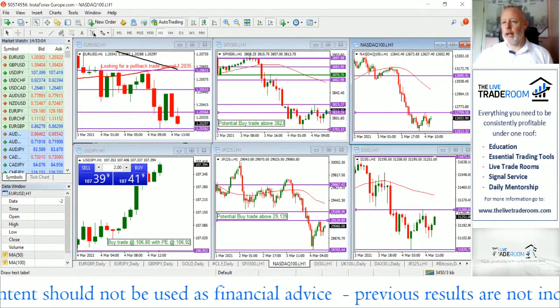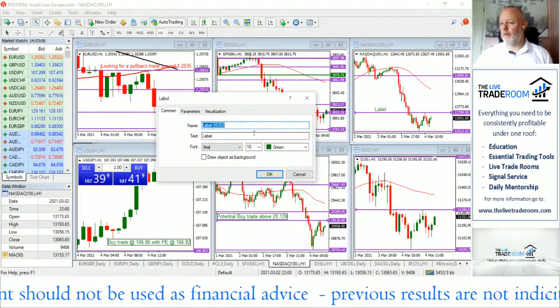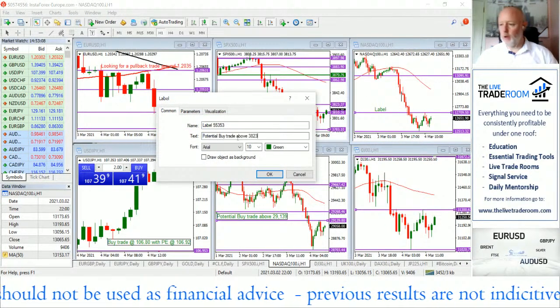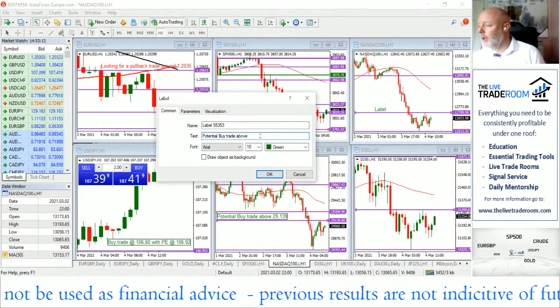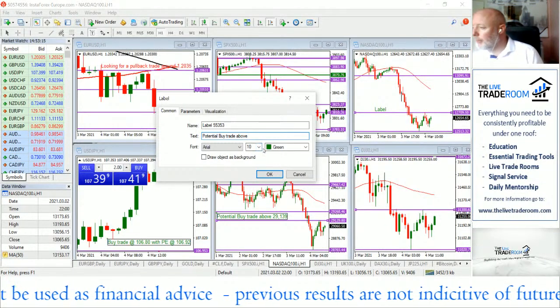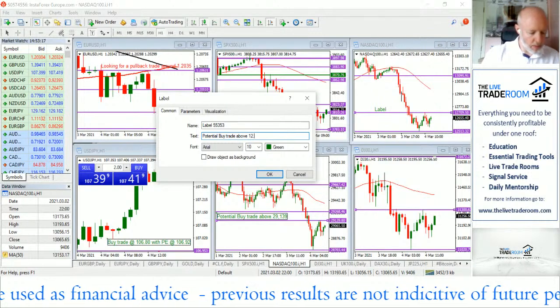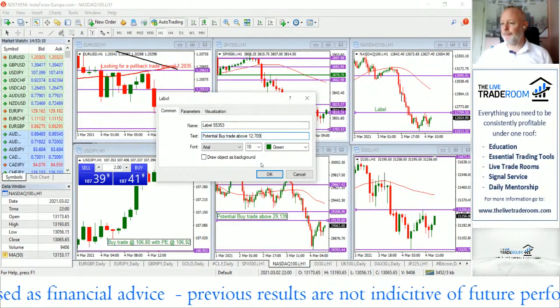Okay, we can do the same for the Nasdaq. So this time it would be a buy above the 12.709.